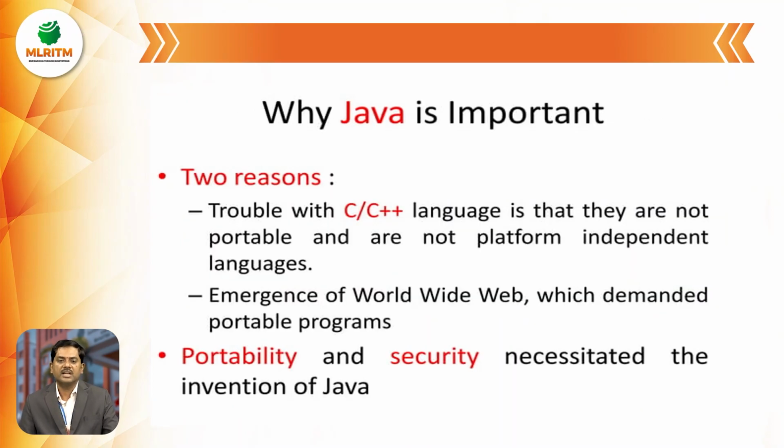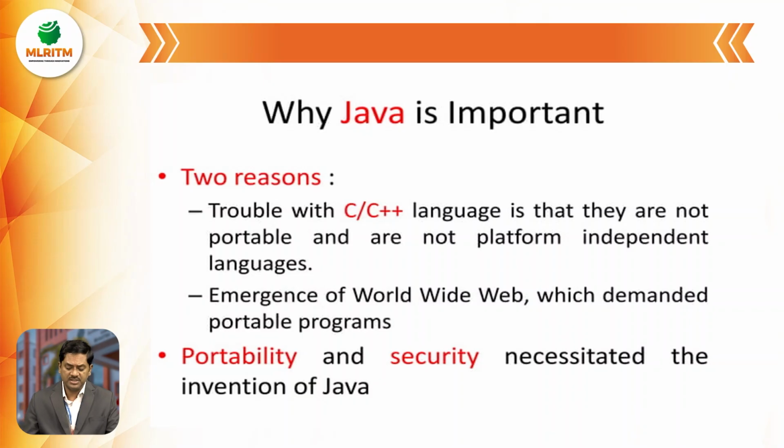Now, we have a lot of programming languages: C, C++, Pascal, everything. But why is Java important compared to the other programming languages? As we all see, Java is an object-oriented programming language. Everything we try to define in terms of objects. That is very important. Whereas C is not an object-oriented language.